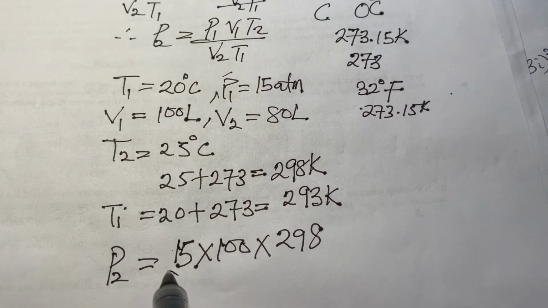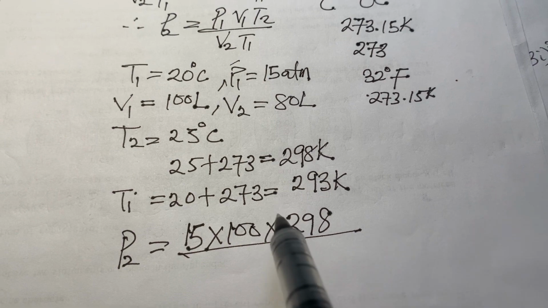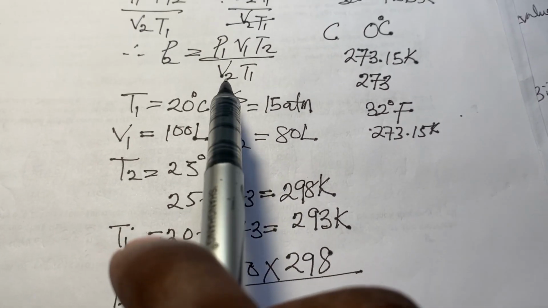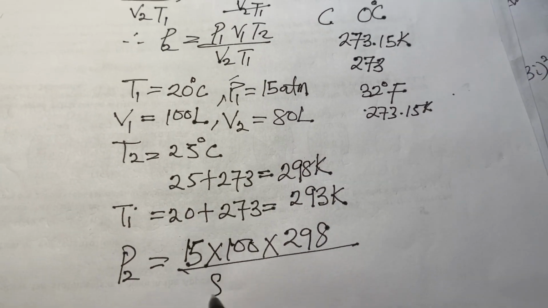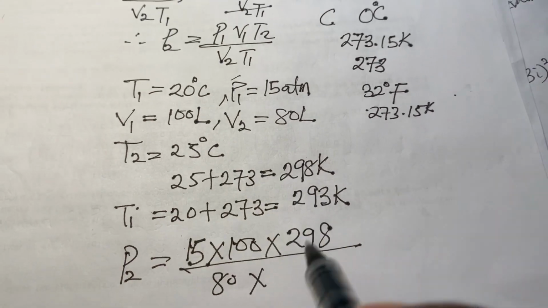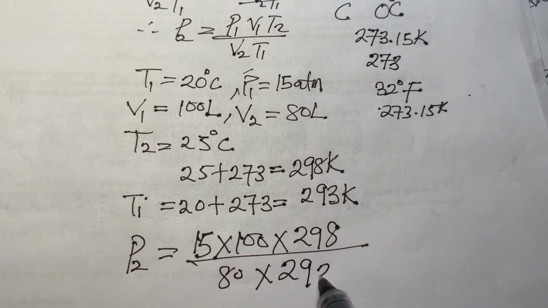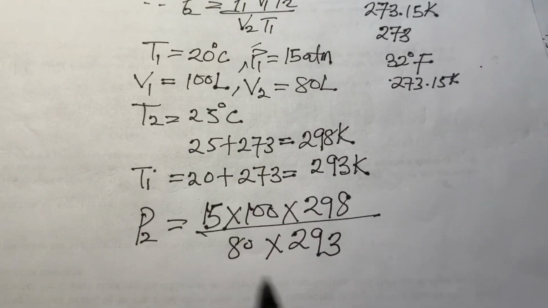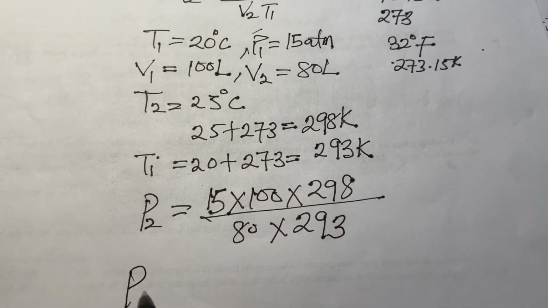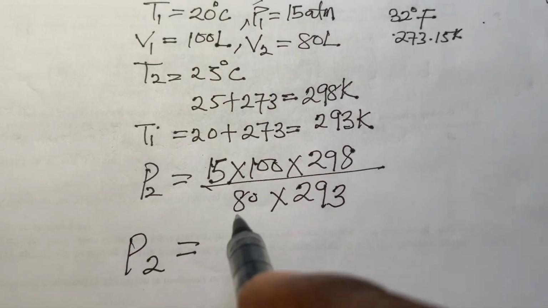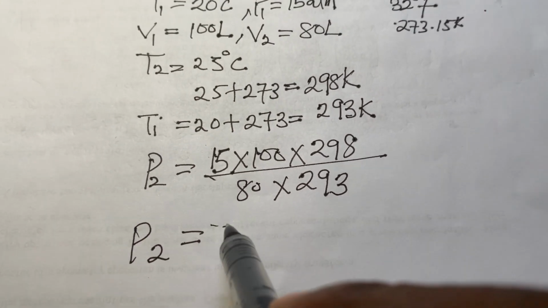You divide the whole expression by the denominator, V2 which is 80, multiplied by T1, and the value of T1 is 293.